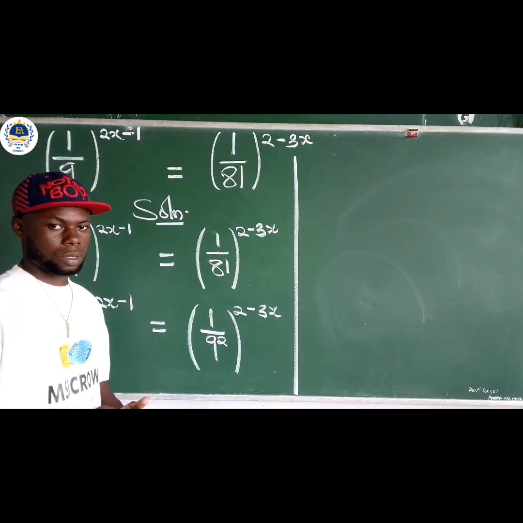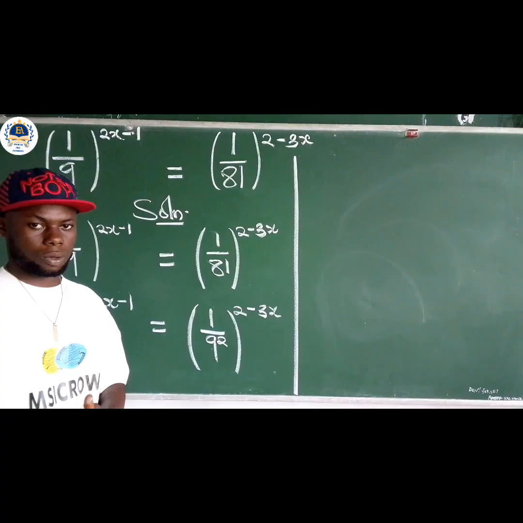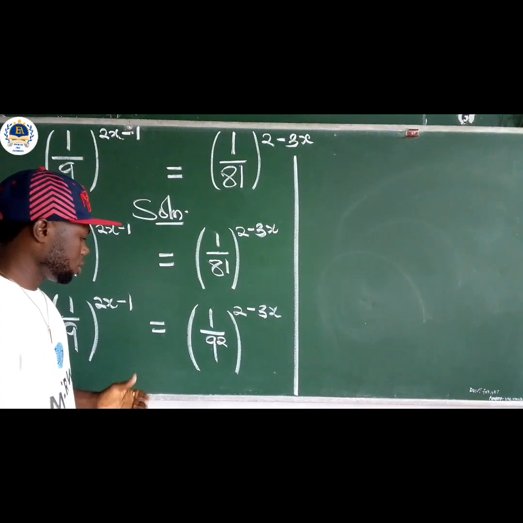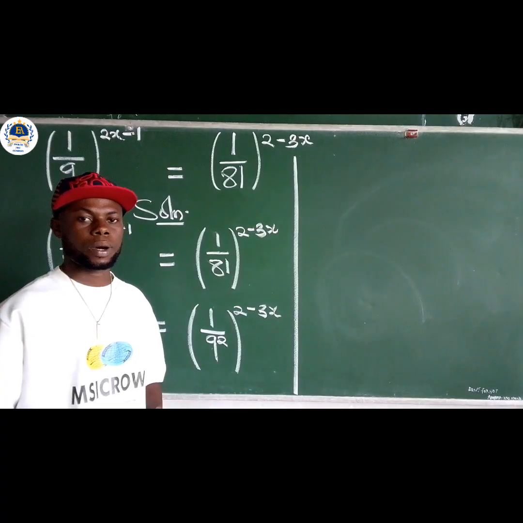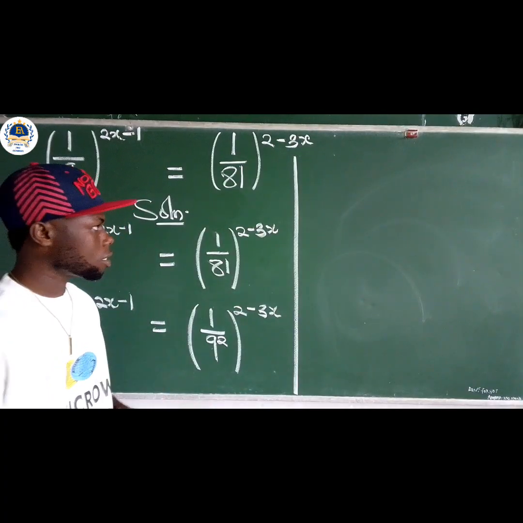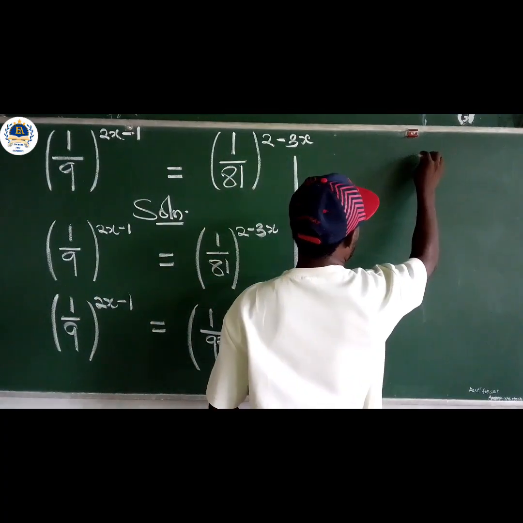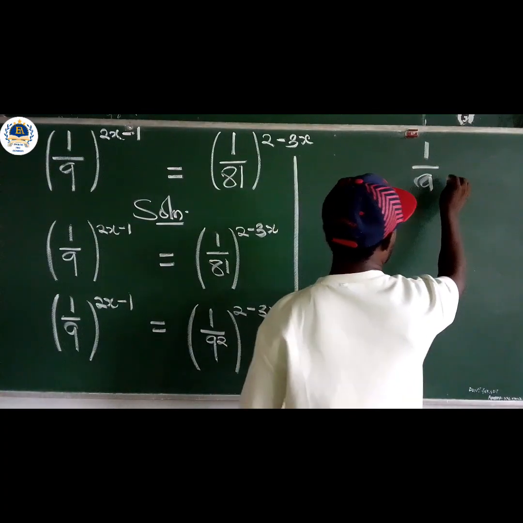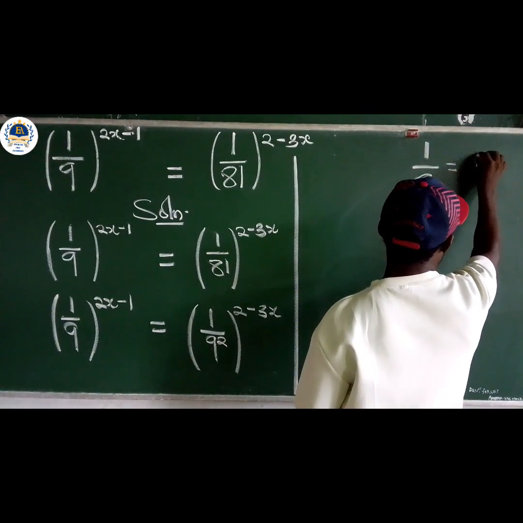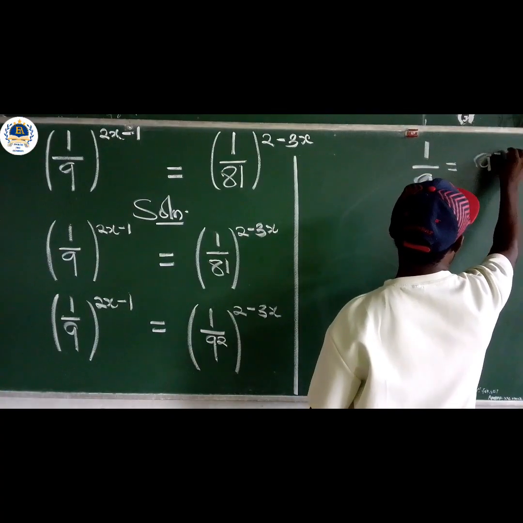The next approach is to remove the fraction, and by doing this, we have to apply another law of indices called the negative power law, which states that 1 over a is the same as a raised to the power of minus 1.